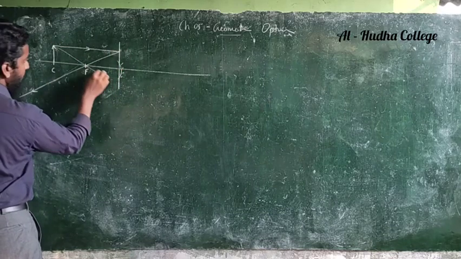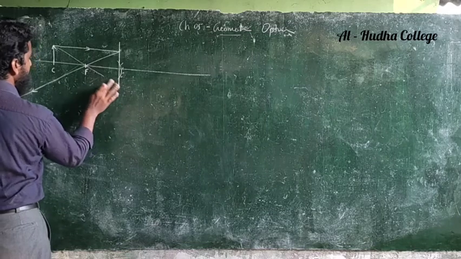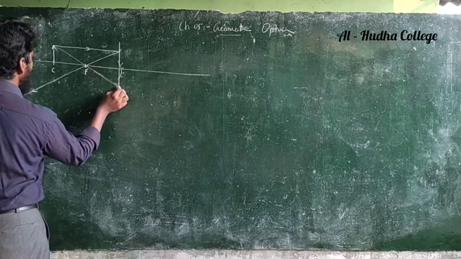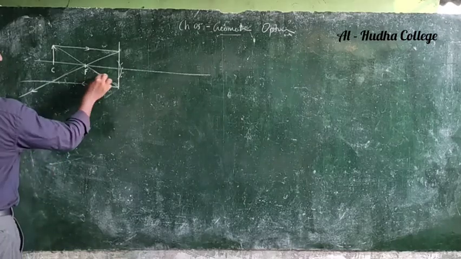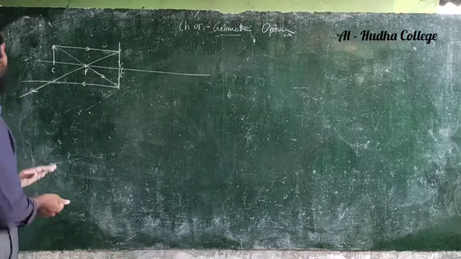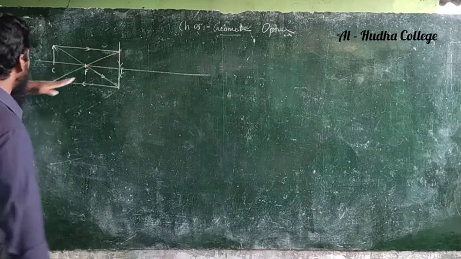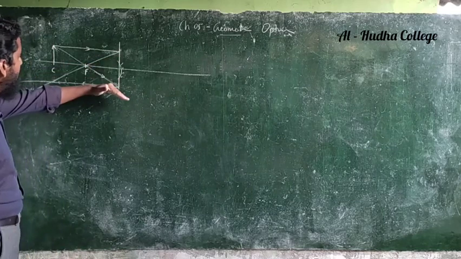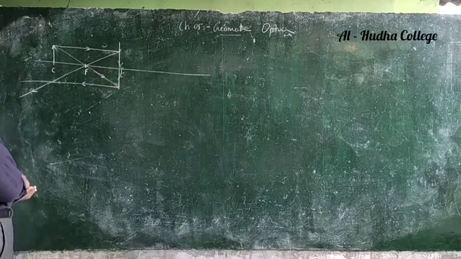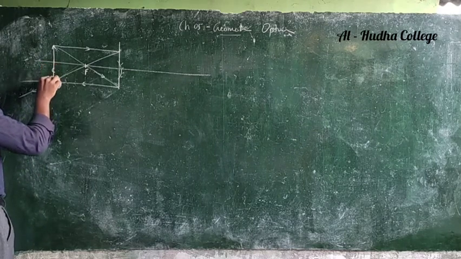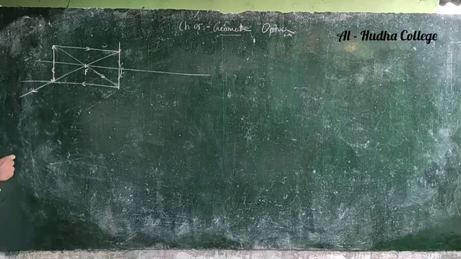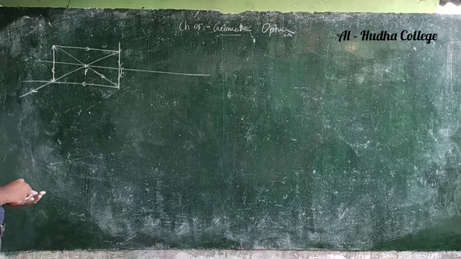The ray which is coming through the focus is going to move parallel to the principal axis. The image which is formed here will be at C itself.